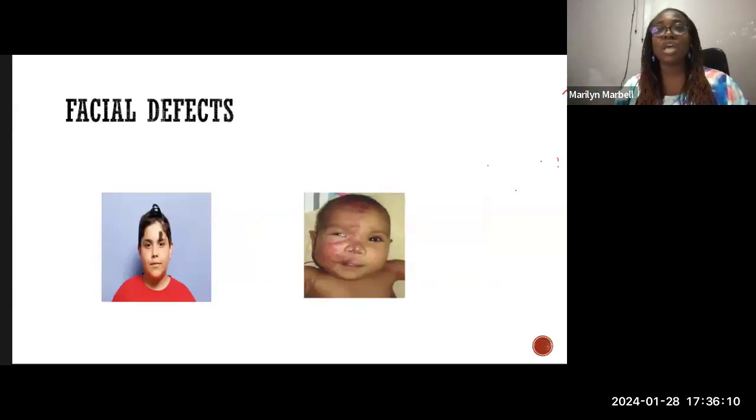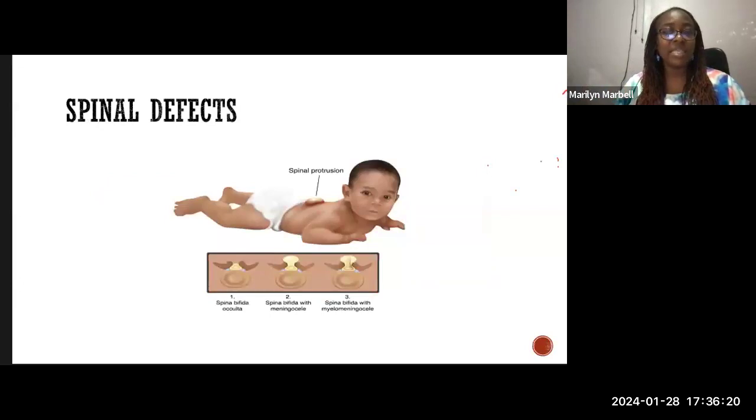You can have facial defects, either extra pigments in the skin or extra blood vessels that can cause hemangiomas in the skin. Then this is the last picture I have for you, spinal defects. Spinal defects are spinal protrusions all along the spine. Sometimes they are hidden, you can't see them.